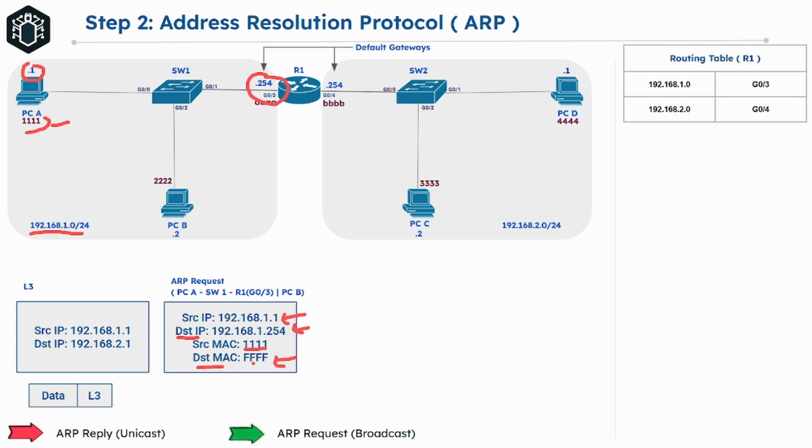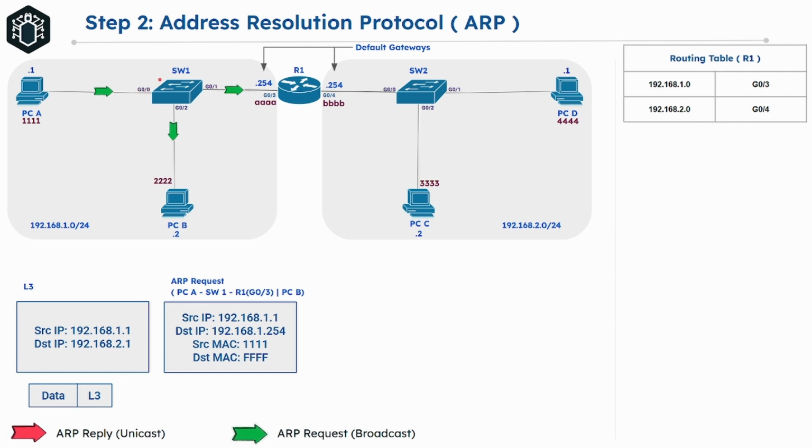It is set to FFFF, which represents a broadcast MAC address. It means it sends this message to every device in the network, because at this point PCA doesn't know who has that IP address. Now, let's see what happens when this ARP request reaches the switch.